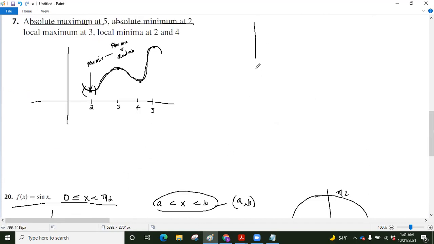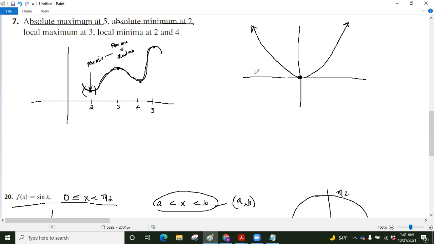Just as a brief example, if I said, take the graph of x squared, right? Or maybe something like this. We know that there must be an absolute minimum at this point, in particular because this is the lowest point throughout the entire graph. Both these sides go up to infinity and they keep going up.